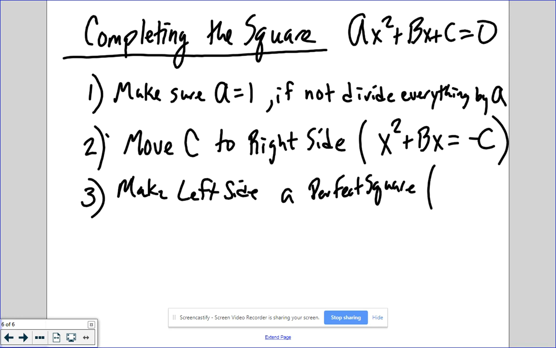How do I make the left side a perfect square? I take b divided by 2 and square it, and then I add that to both sides. So you take the b value, whatever the middle is, you divide it by 2 and square it, and then you add that to both sides, left and right side of your equation.